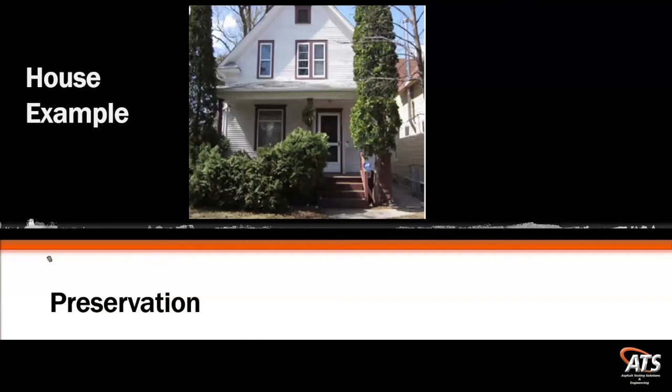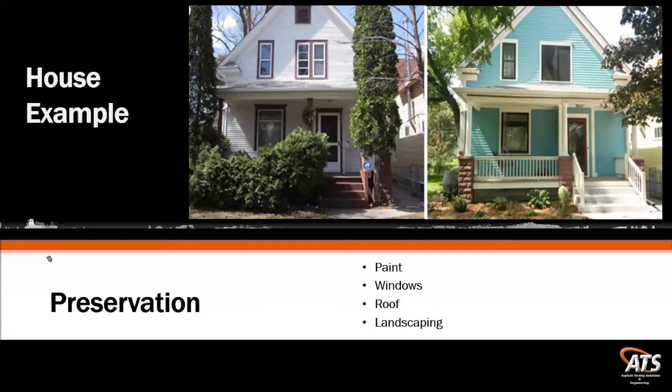The preservation portion of it is something that, you have already a good structure. The house by itself, like in this picture, isn't too bad. You're looking at it, you say, okay, well, I can work with that. If nothing was done, it would still have some life in it for a little while. But, you keep some new coats of paint on it, maybe keep the landscaping up to date, have that little bit of curb appeal.